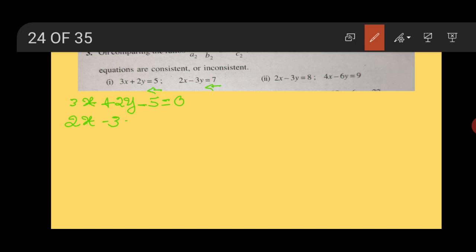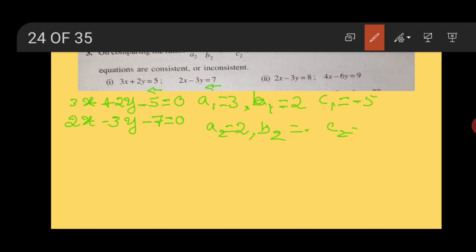If I write in general form, it becomes 2x minus 3y minus 7 is equal to 0. Now what is the value of A1? A1 is equal to 3, B1 is equal to 2 and C1 is equal to minus 5. A2 is equal to 2, B2 is equal to minus 3 and C2 is equal to minus 7.